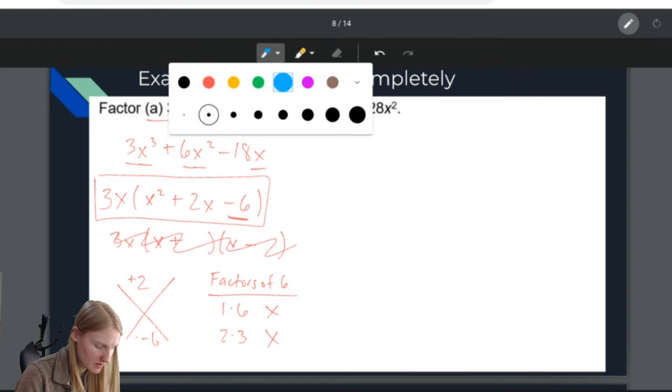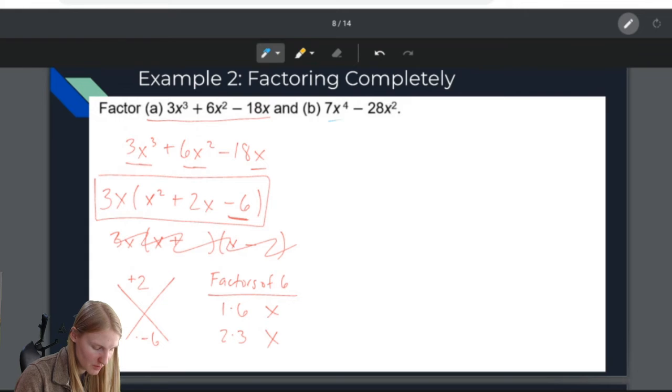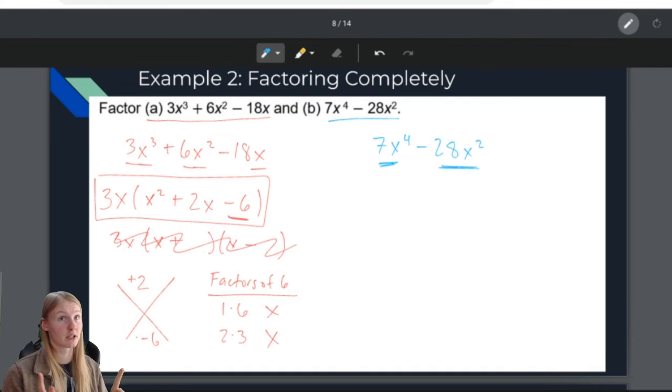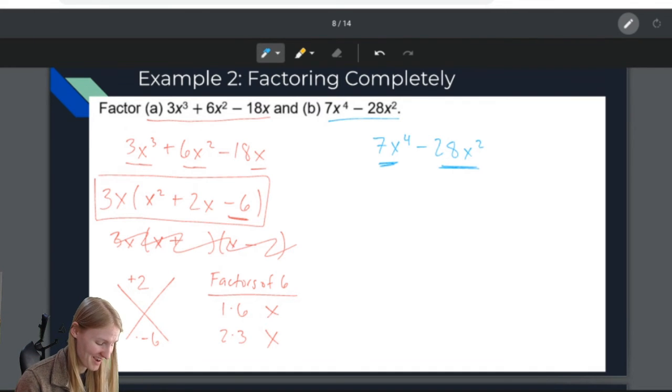Alright, next. Move on to B. We have 7x to the 4th minus 28x squared. Hey, look at that. Now I'm noticing all of the things we can pull out, not just one of them. There is a 7x squared in common here. So if I pull that out, I'm left with x squared minus 4.